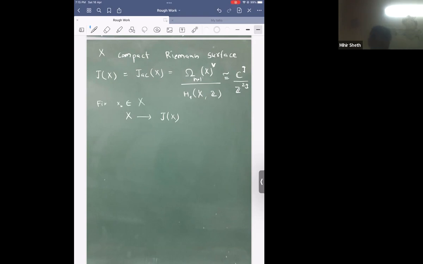Then you take any small x and map it to this dual form, which takes a holomorphic differential form omega to the path integration of omega from x0 to x.